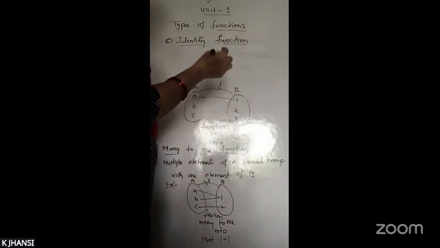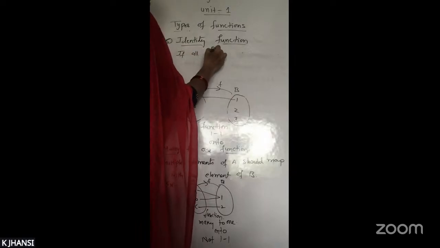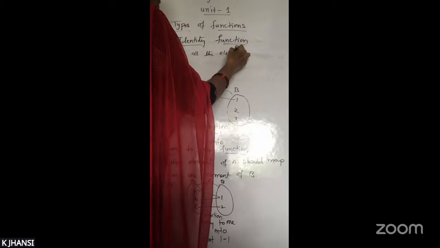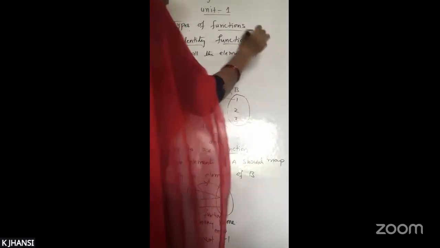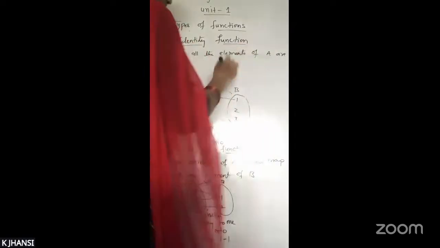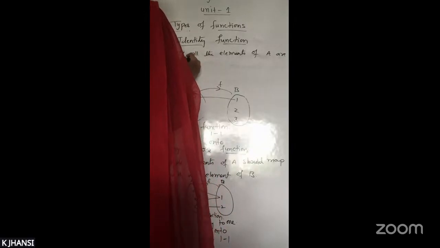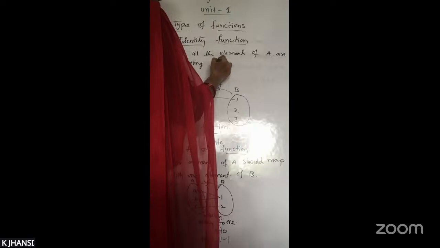Identity function is if all the elements of A have the image as itself.